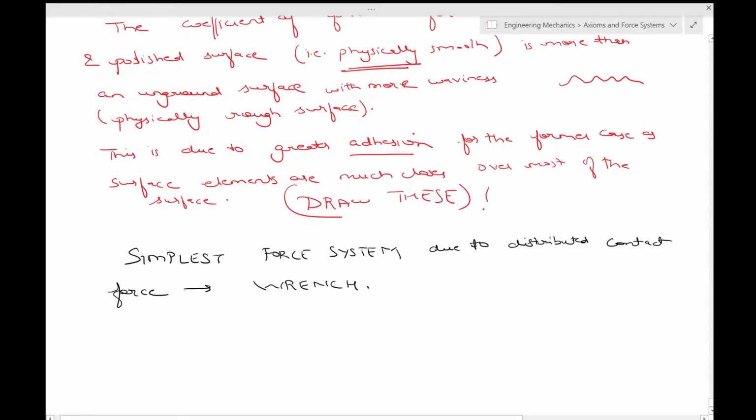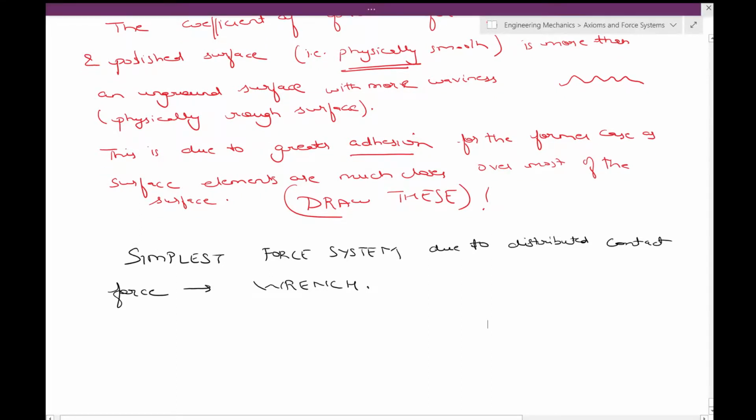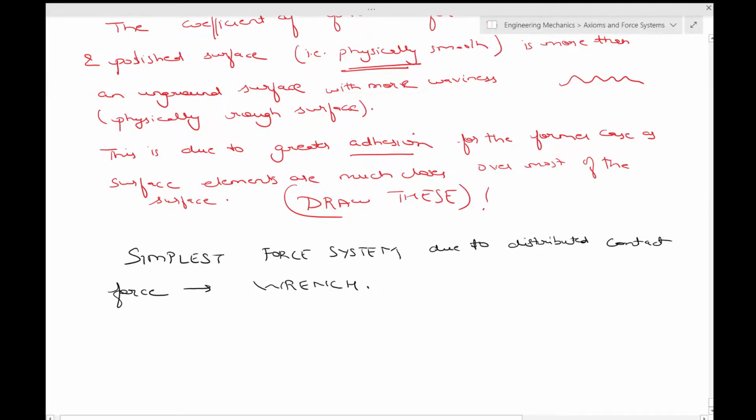At this time you should go back to where we had discussed the motion of a bolt on a fixed nut. There you should be able to see this.